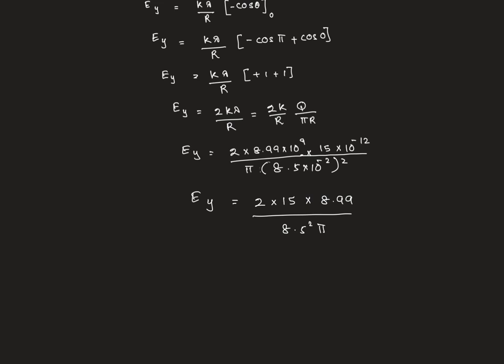So here you have 10 to the negative 4, and up there you have 10 to the negative 3. So you can get a value for Ey: 2 times 15, 8.99 divided by 8.5 square times pi, and multiply that by a 10. Okay, that's what I think. You guys can check it using the calculator. I am not using a calculator right now.